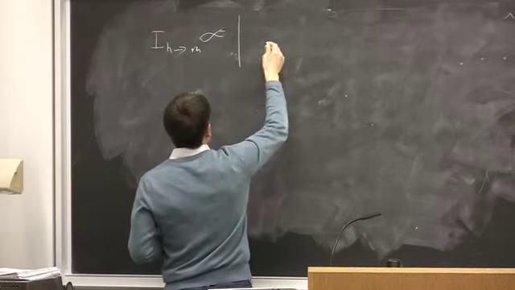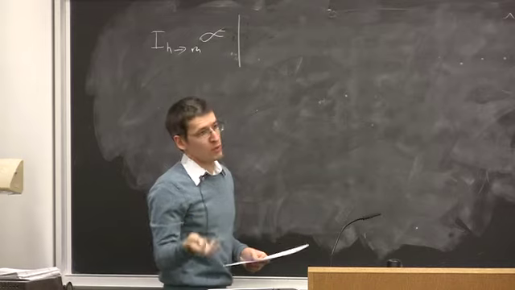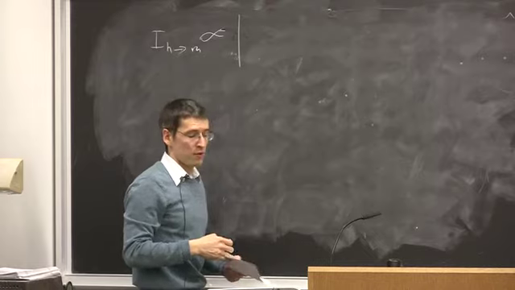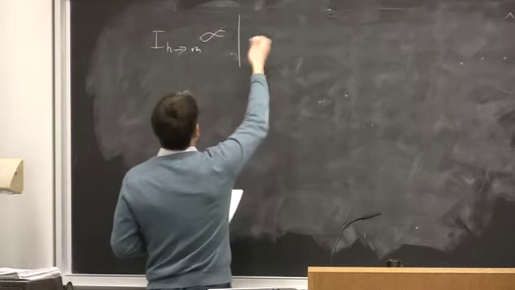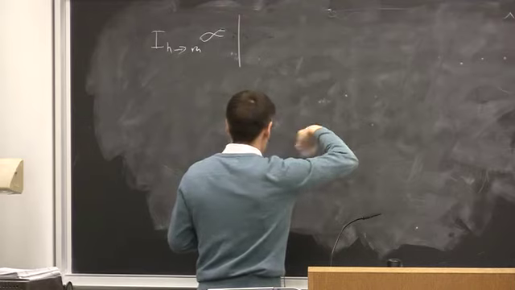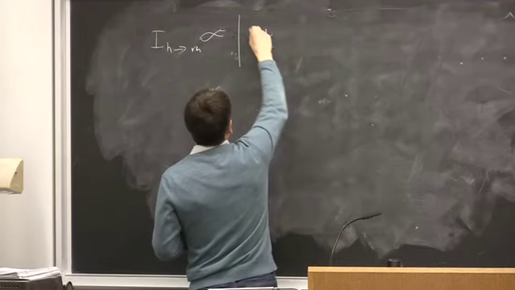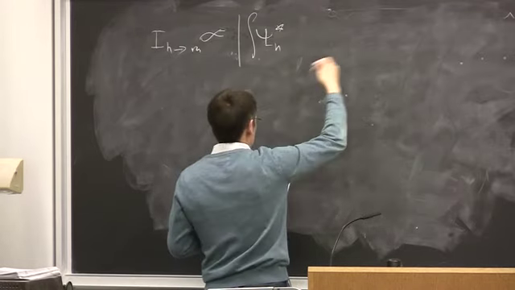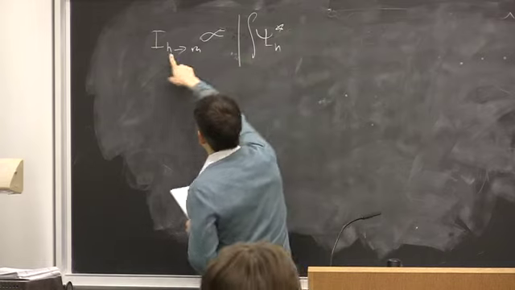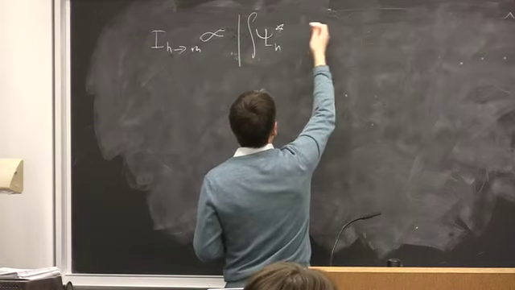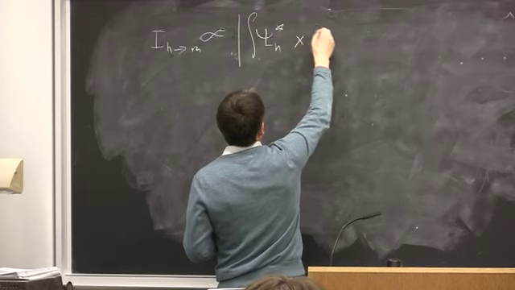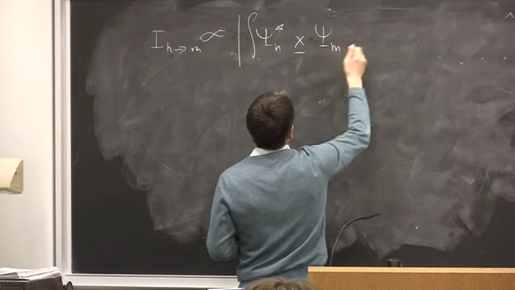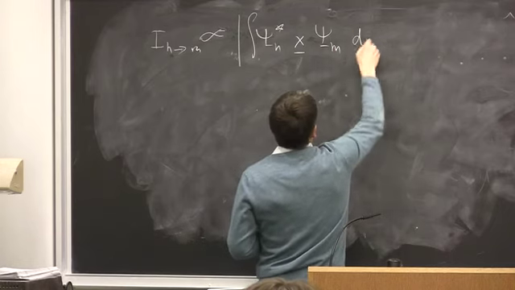But the idea is very simple. As with any property in quantum mechanics, the intensity of the transition has certain operators that characterize that process. And since it's a transition process, the intensity needs to account for the initial state, say state n. We start at state n, and then the matrix element with the position operator x needs to be calculated.